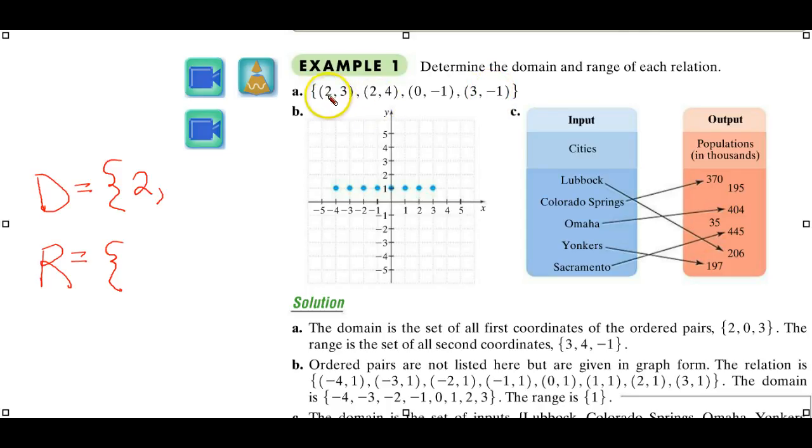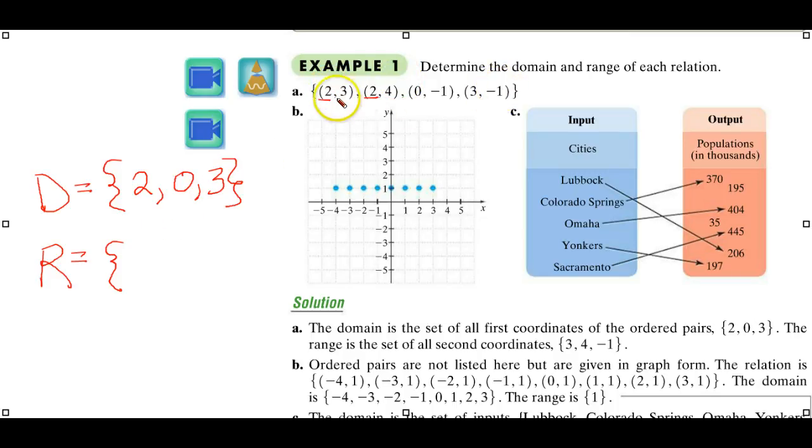And when the x element, the domain element, is repeated, in our roster notation we only write it once. So then a 0 and then a 3. But we now know that since the x element is repeated, this series of relations is not a function.